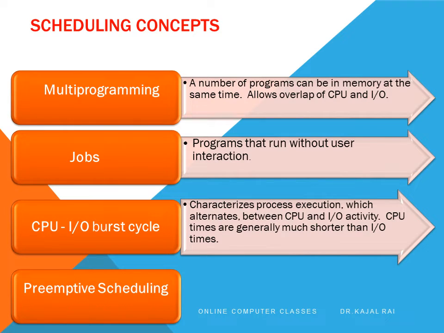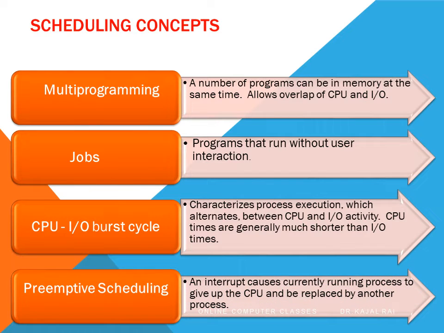And preemptive scheduling. What is preemptive scheduling? An interrupt causes the currently running process to give up the CPU and be replaced by another process. Suppose a process is running, it is holding the CPU, but then an interrupt occurs. If it is preemptive scheduling, then the CPU goes to that interrupt, and after handling that interrupt, the CPU comes back to the scheduling, which leaves it.